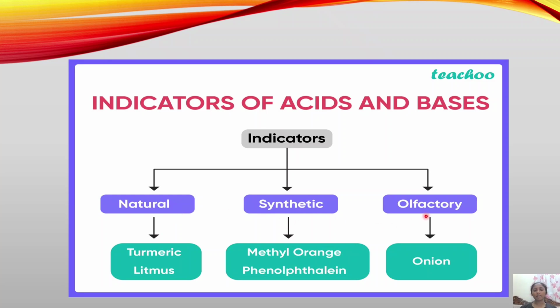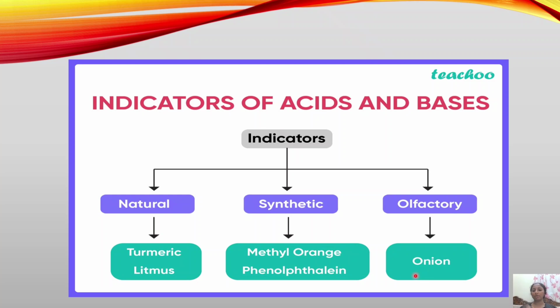Natural and synthetic indicators will change their color in acidic and basic medium. But there is a difference in the case of olfactory indicators. Olfactory indicators will change their odor in acidic and basic medium. Onion is an example of an olfactory indicator.